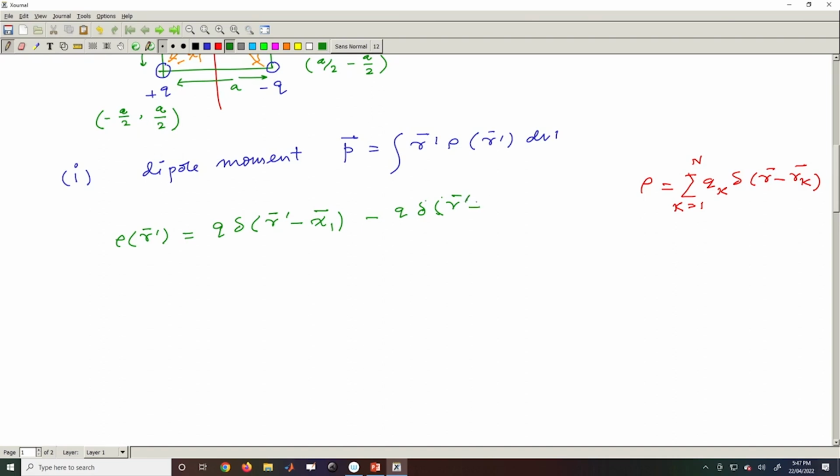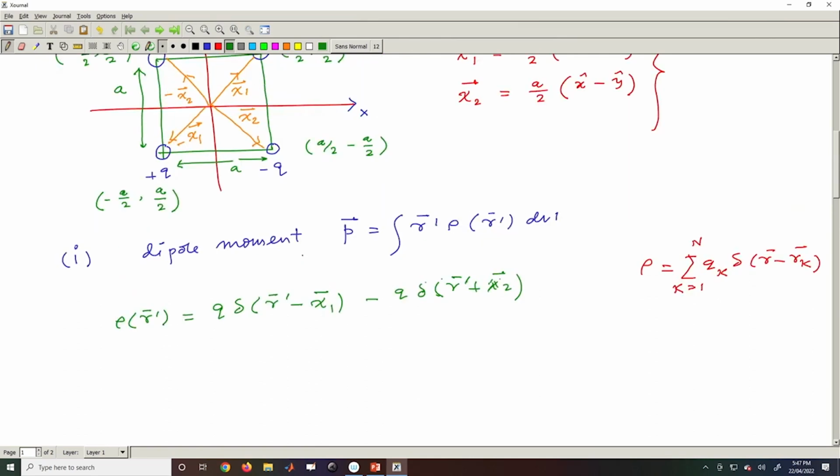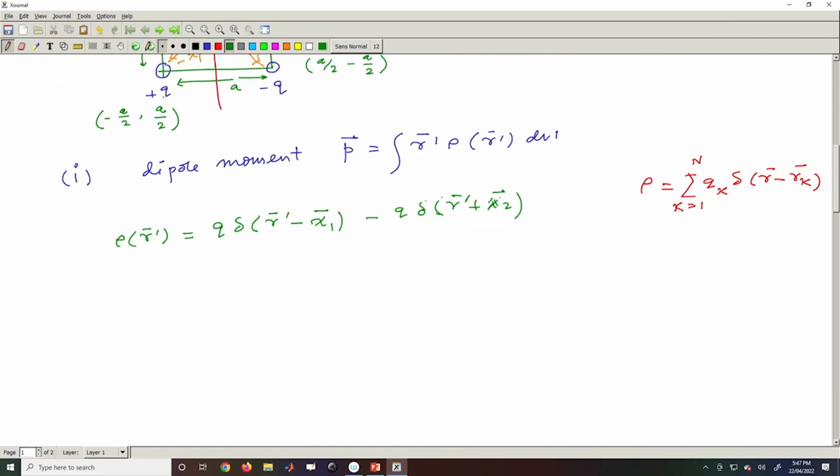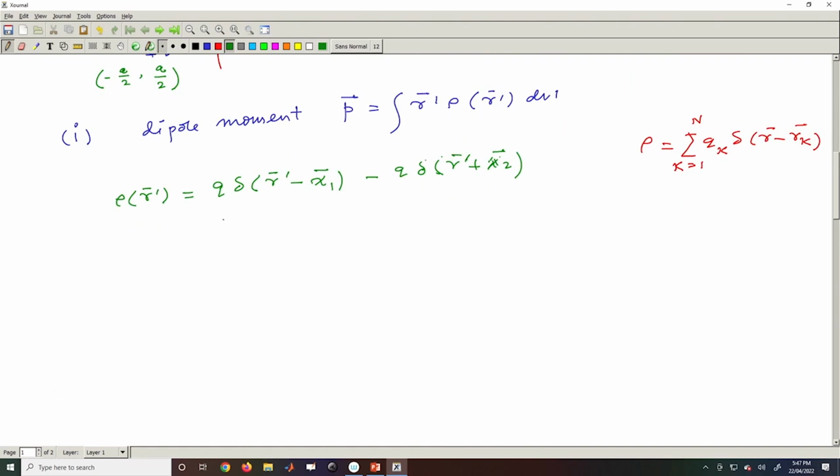This one will be plus chi 2, because I am calculating this one, and then plus q delta r prime plus chi 1 and minus q delta r prime minus q 2.